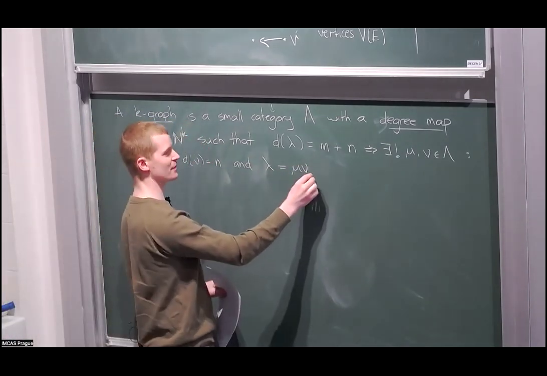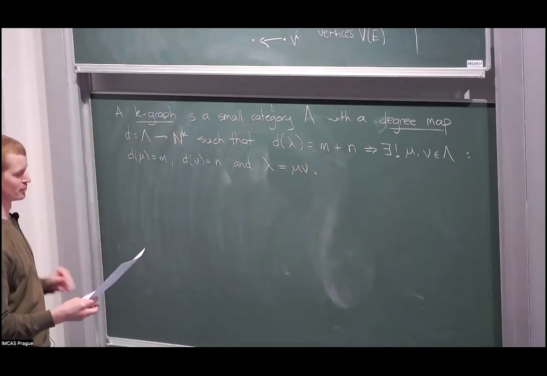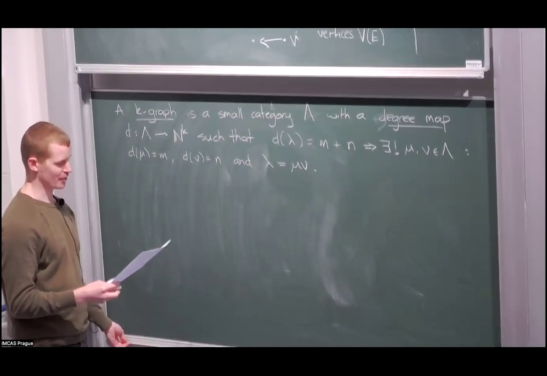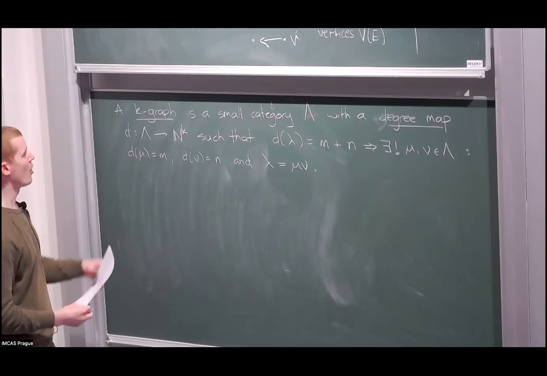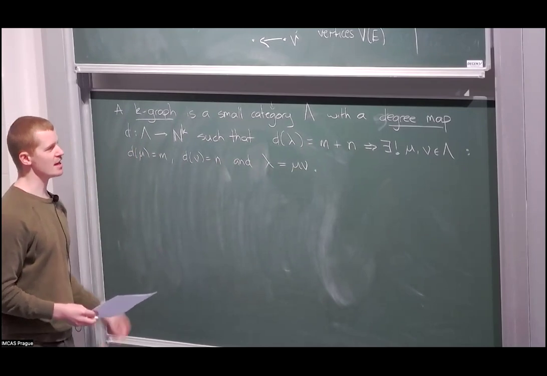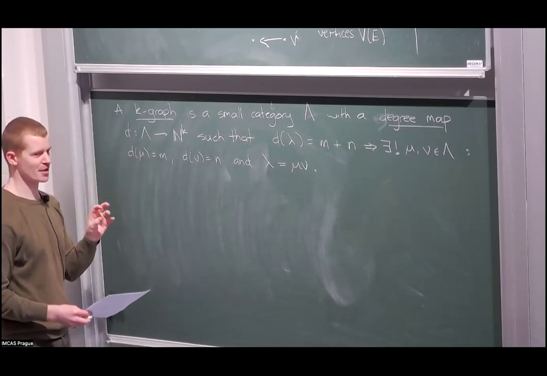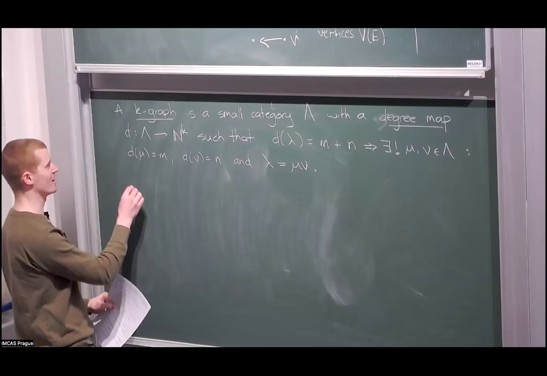We call this the unique factorization property, which is a very useful assumption to have on your category. Actually this next example will clarify what the degree map is trying to do. But if it doesn't, then let's continue talking about that.